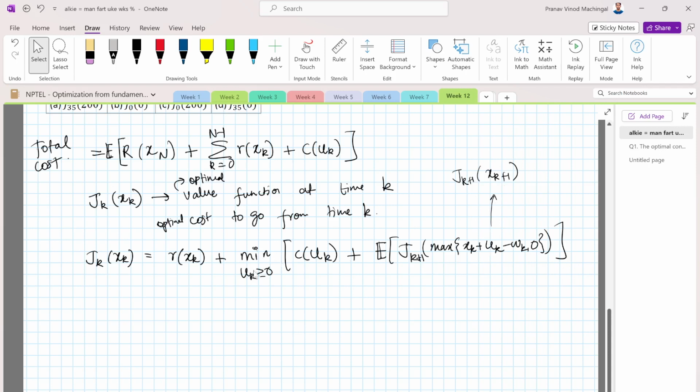So you minimize over uk plus the holding cost that only depends on the current state xk. So you get this. If you take the boundary condition, it is JN equal to gN of xN.